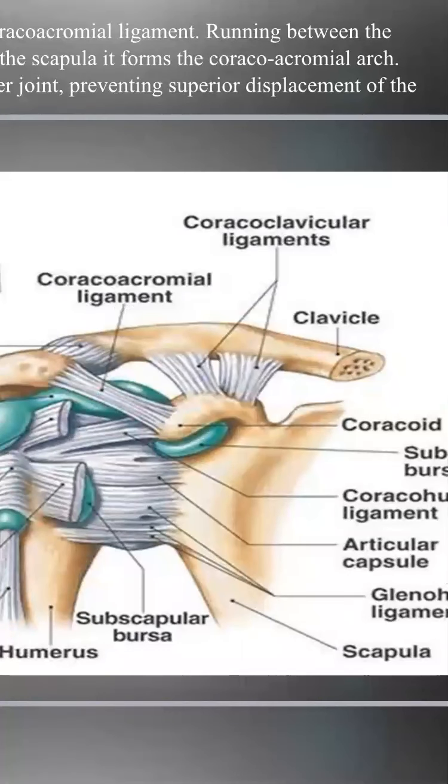The ligaments present between the coracoid process and the clavicle are known as coracoclavicular ligaments. They will bring the clavicle close to the scapula, tying it tightly like a rope. They will form the shoulder girdle.